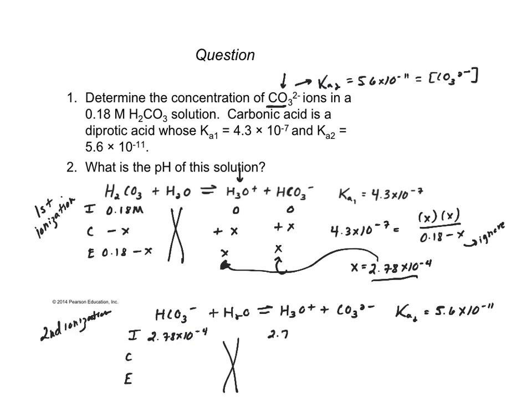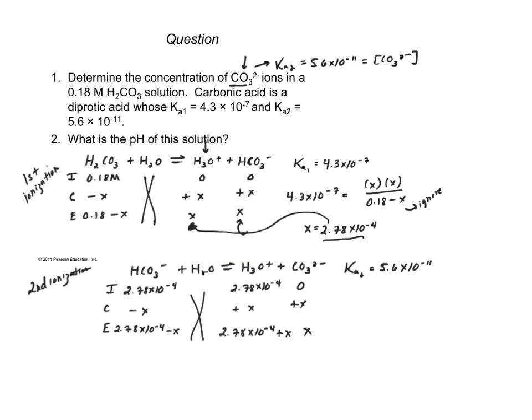So this is 2.78 times 10 to the minus 4. And we can assume carbonate initially is 0. So we do this whole same thing over again. We have a minus X. We have a plus X. We have a plus X. And at equilibrium, we have 2.78 times 10 to the minus 4 minus X, plus X, and then X.